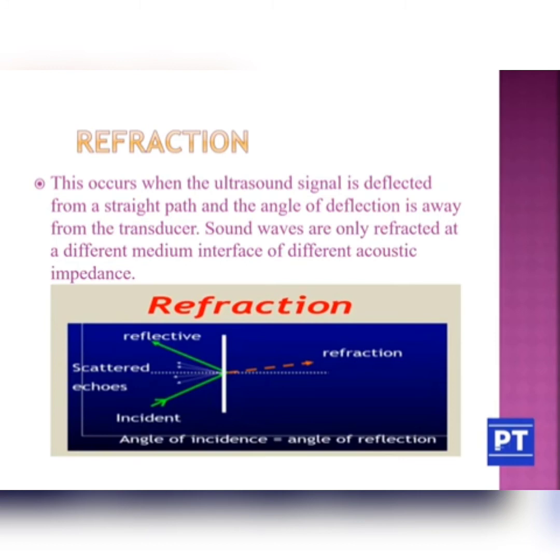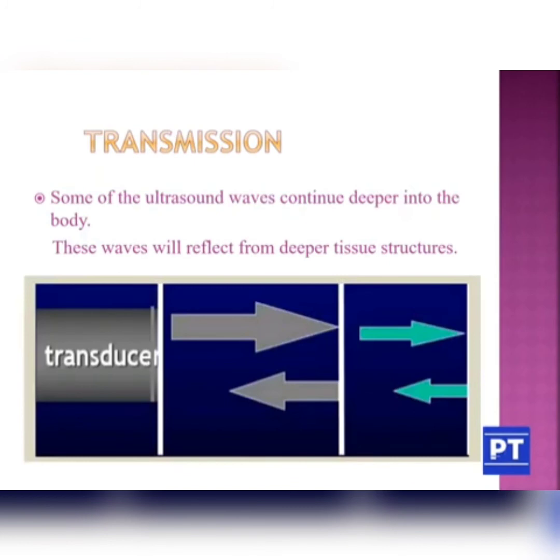From this figure you can see the angle of incidence is equal to the angle of reflection. Transmission. The sound waves continue deeper into the body and these waves will reflect from deeper tissue structures.